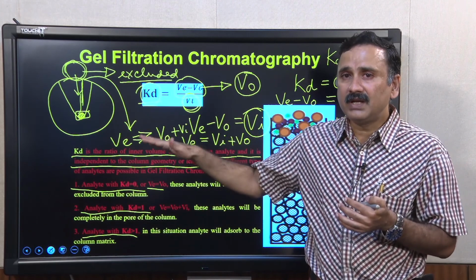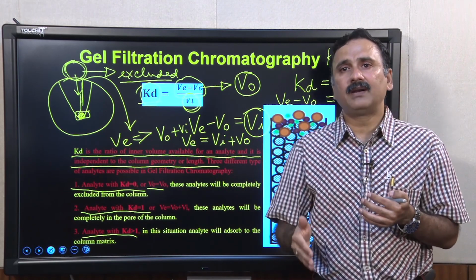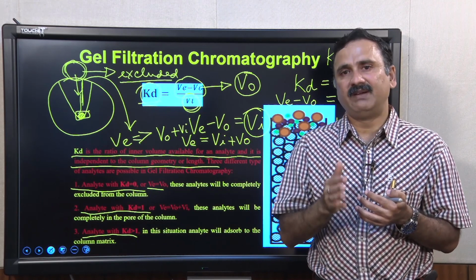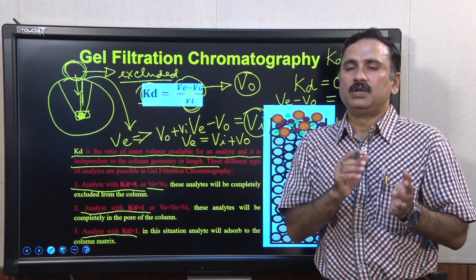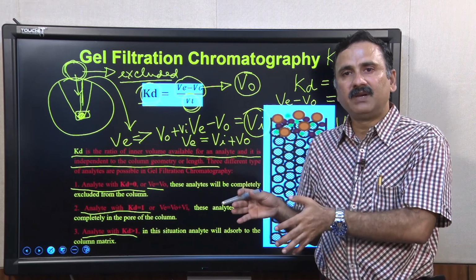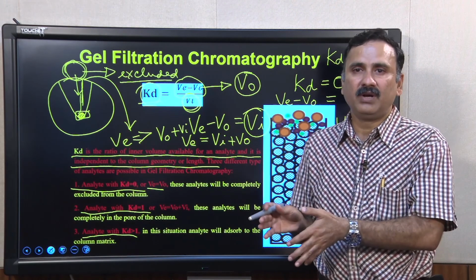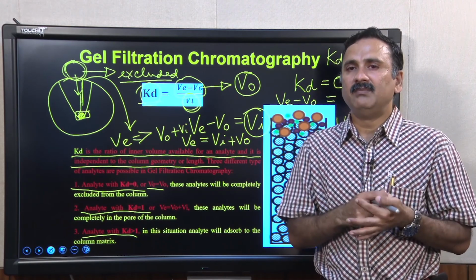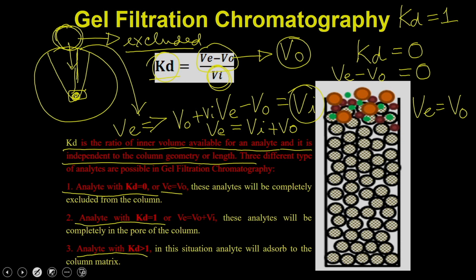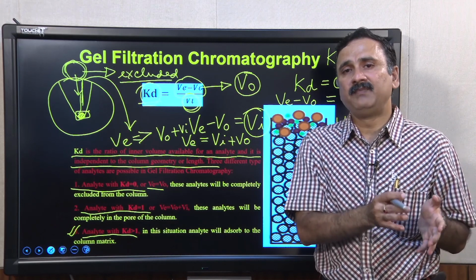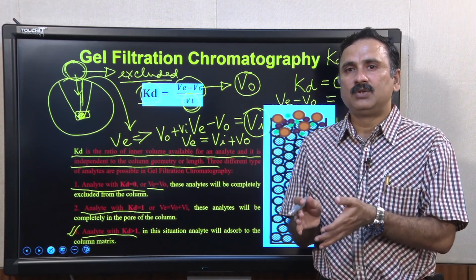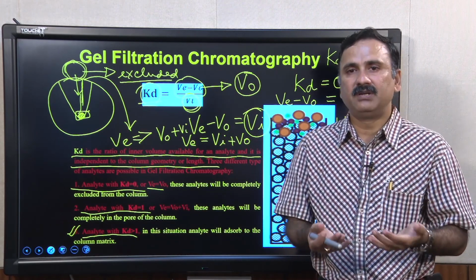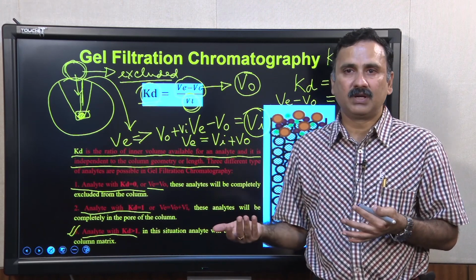But in the case of gel filtration chromatography, if you are running a gel column of 25 ml, you are going to see the elution of each and every molecule by the end of the 25 ml. If the molecules are not coming out in 25 ml, this means they are falling into the third category where the Kd value is more than 1, which means the molecules are binding to the column and you need to do some harsh treatment so that these molecules will come out from the column.